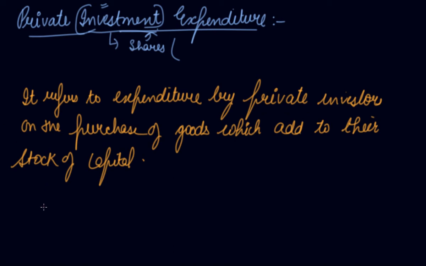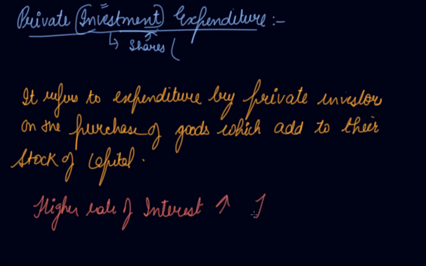See, if bank starts giving you higher rate of interest, you will do more investment because you're getting higher interest, then it will be higher investment. Right? So your private investment expenditure is determined primarily by the market rate of interest.